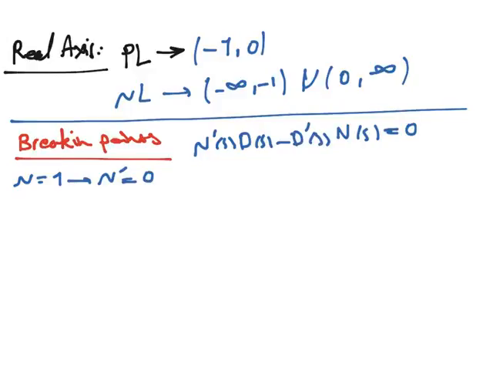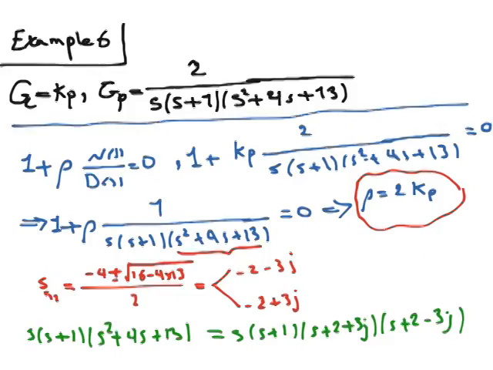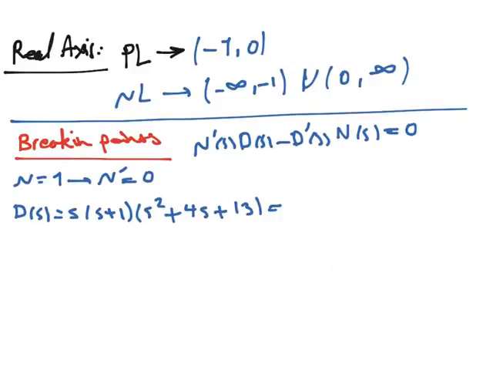We know the expression for d(s) is equal to s times (s plus 1) times (s squared plus 4s plus 13). Just to confirm, s times (s plus 1) times (s squared plus 4s plus 13).